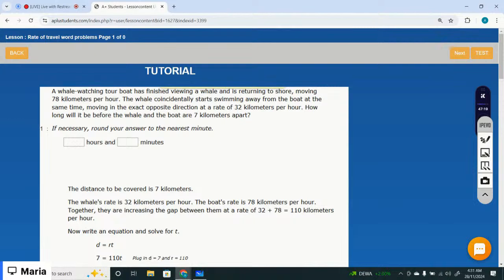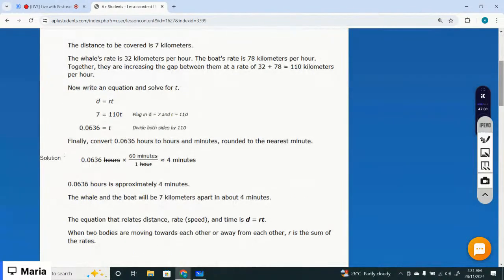So together they are increasing the gap between them at a rate of 32 plus 78, which is 110 kilometers per hour, and that is D equals RT. D is 7 and R is 110. So that means T equals 0.636 hours. You have to calculate the time in minutes, so multiply hours by 60. So the correct option is 4 minutes.